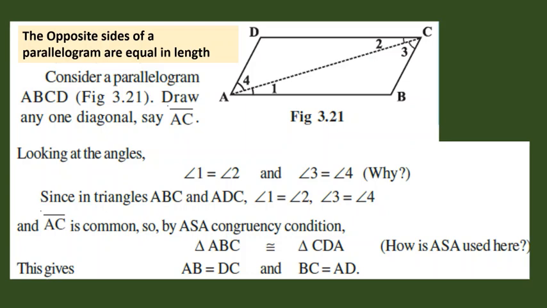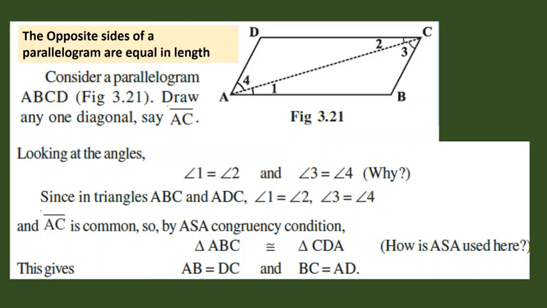Now observe, as this is a parallelogram, angle 2 will be equal to angle 1. Do you agree? That time I had highlighted it using red. So it is an alternate angle. Angle 2 will be equal to angle 1. Angle 3 will be equal to angle 4. They are alternate interior angles.